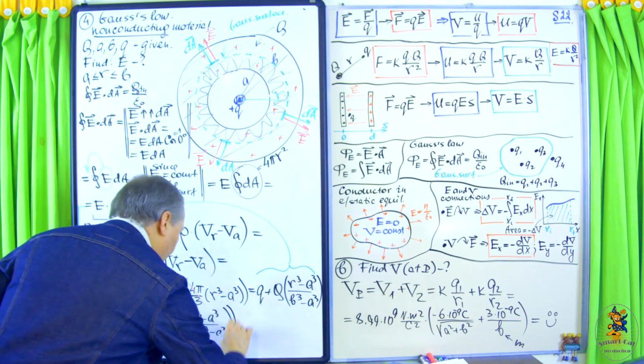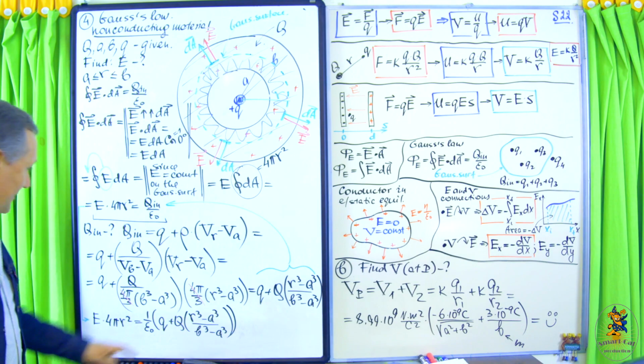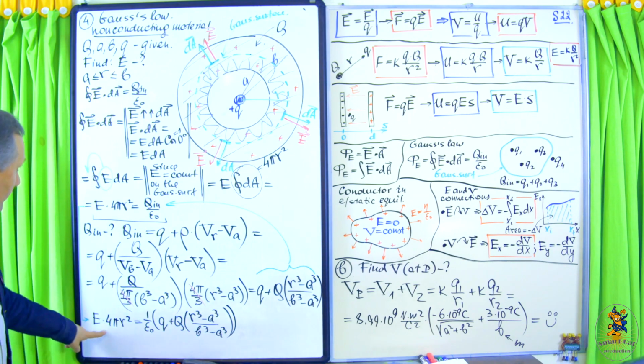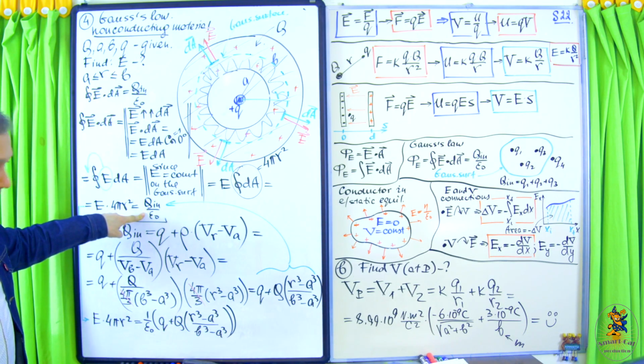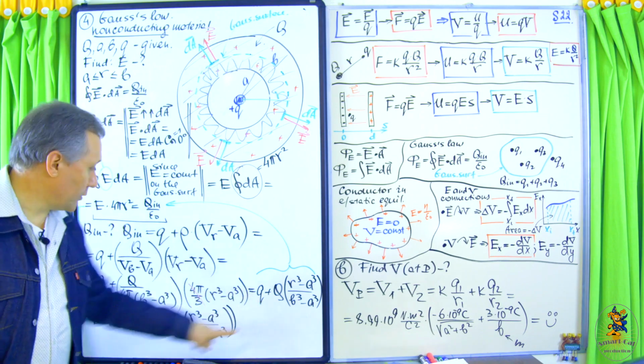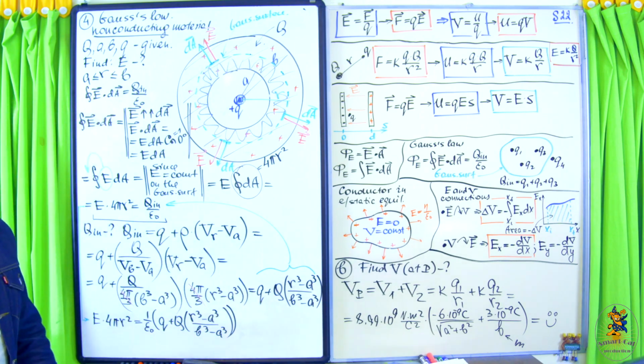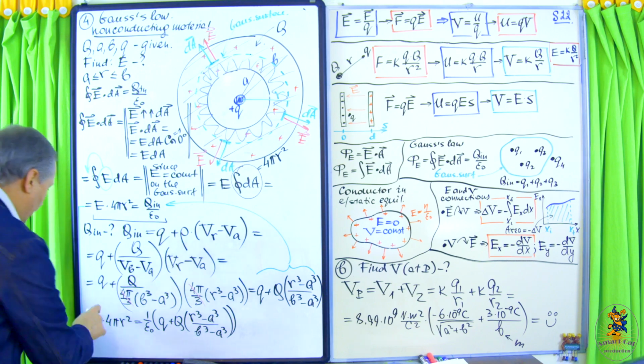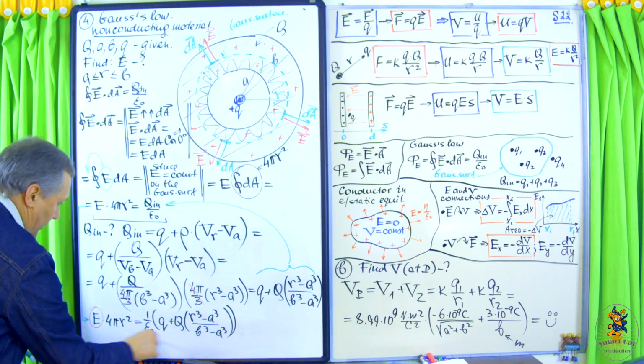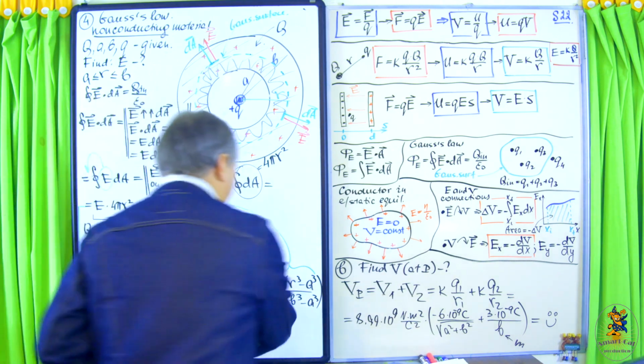Oh, and conservation of brackets. One more bracket I needed to add. So I rewrote this with explicit expression for Q enclosed. So now we just need to solve it for E. So this pretty much goes to the denominator.